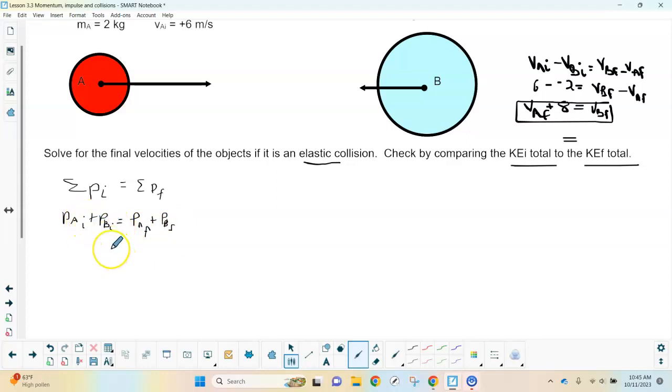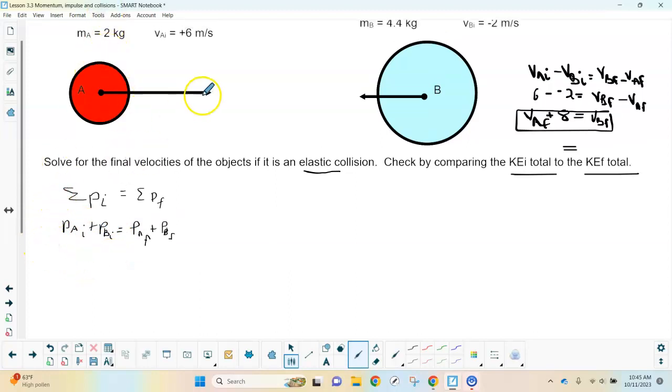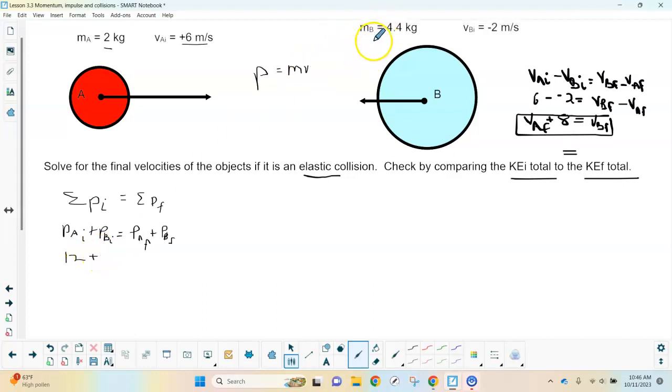As we go through this, it would be P equals mv. We're just using this basic equation in every one of these problems. So P equals mv, so it would be 2 times 6 for A, which is positive 12. And for B, it'd be 4.4 times negative 2, which is negative 8.8. That's the left side of the equation.